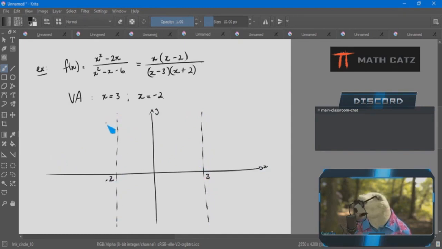As I approach these lines, I know, without much effort, because I've identified it as a rational function, that it is going to behave in one of these 2 ways, but I don't really know which one. And with the x squareds, I don't know without a little bit of effort.